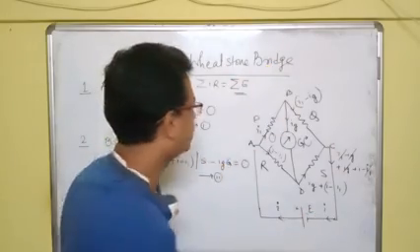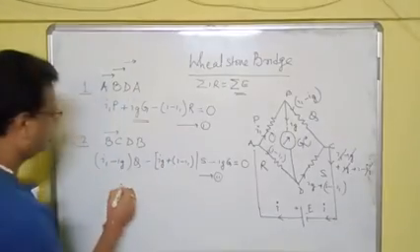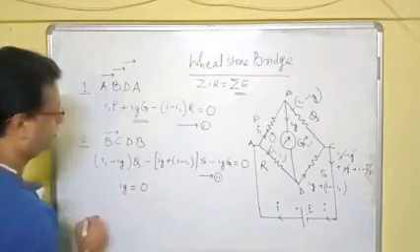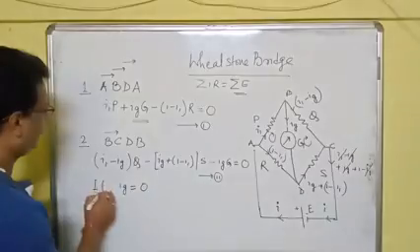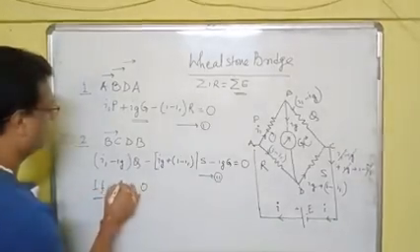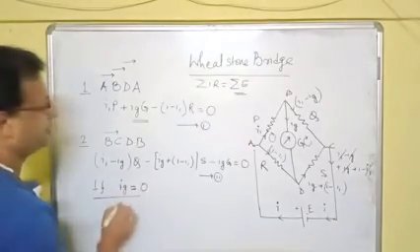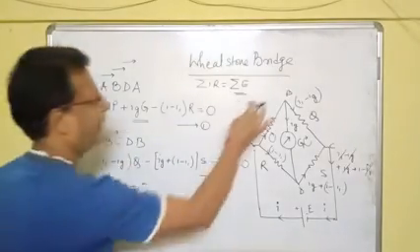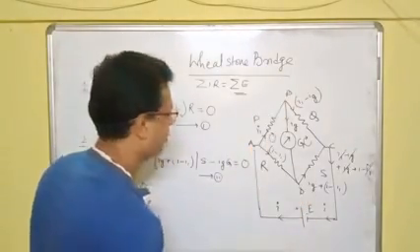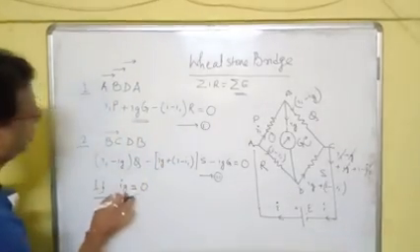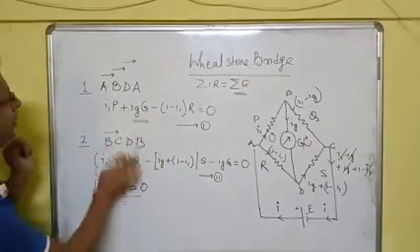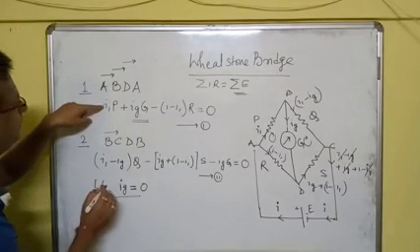In that case, Ig will be equal to 0. We have considered B and D to be at the same potential. If we put Ig equal to 0 in both the equations, what do we get?